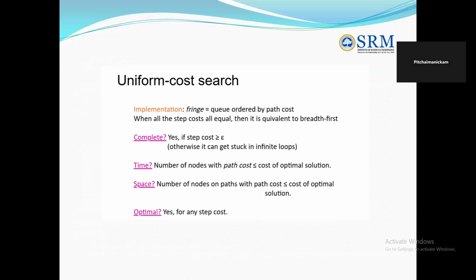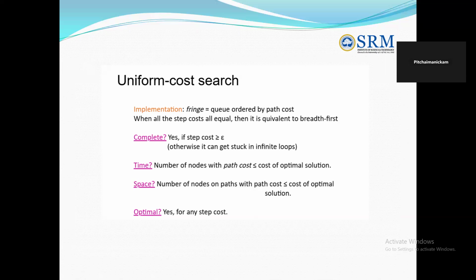This is the way we are able to find out the uniform cost strategy of the given graph. Next, for the uniform cost search, we may have four different properties: complete, time, space, and optimal. Complete means yes, if the step cost is greater than or equal to epsilon, or otherwise it can get stuck in an infinite loop.